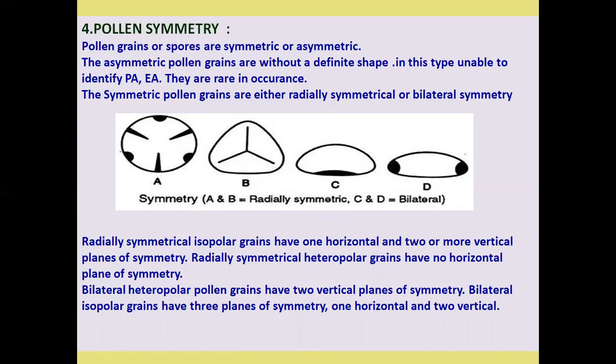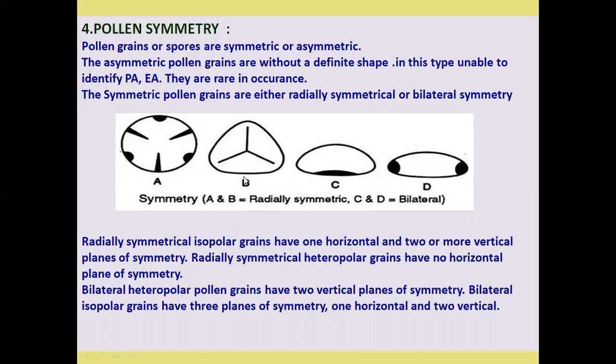Symmetric pollen grains are either radially symmetrical or bilaterally symmetric. In radial symmetry, isopolar grains have one horizontal and two or more vertical planes of symmetry. Radially symmetrical heteropolar grains have no horizontal plane of symmetry.